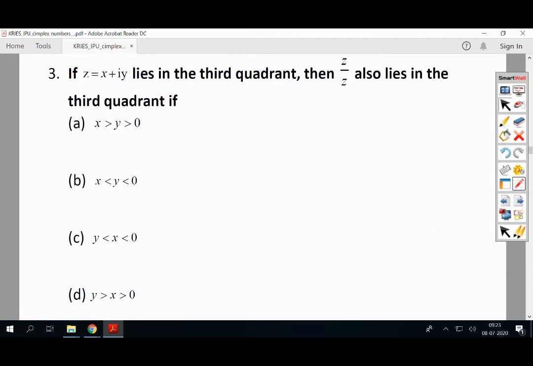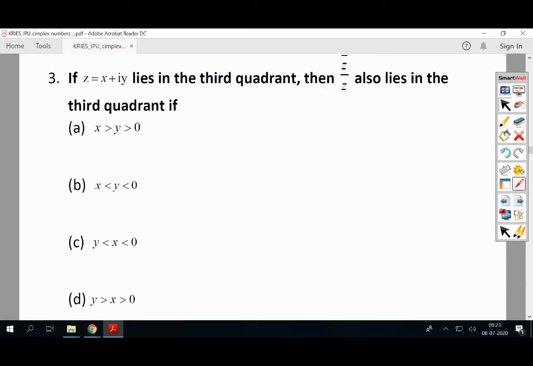Here z lies in the third quadrant. This is the question. So if it lies in the third quadrant, x should be negative and y is also negative. x less than 0, y less than 0.